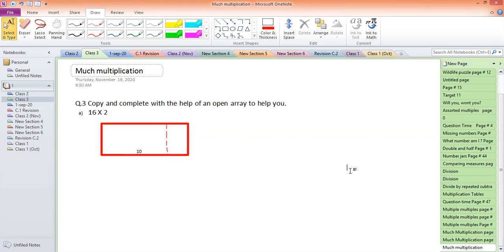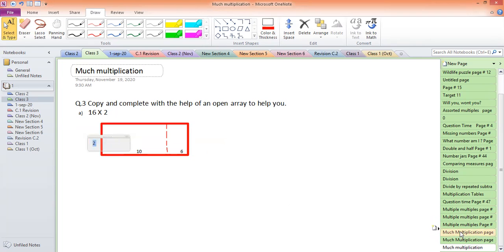Ten and 6, and you will write 6 here. You have to multiply it by 2, so write 2 here.